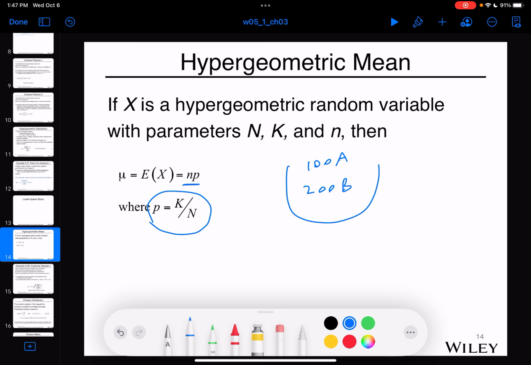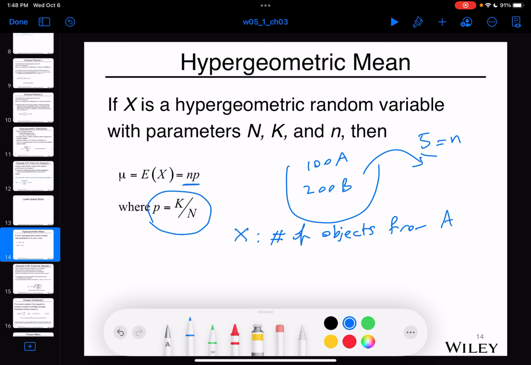So I'm selecting 5 objects, right? And I define X as the number of objects from supplier A, right?